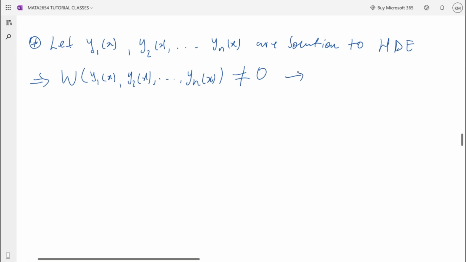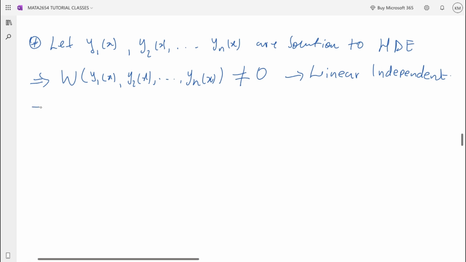It implies that you have solutions that are linearly independent. Okay?